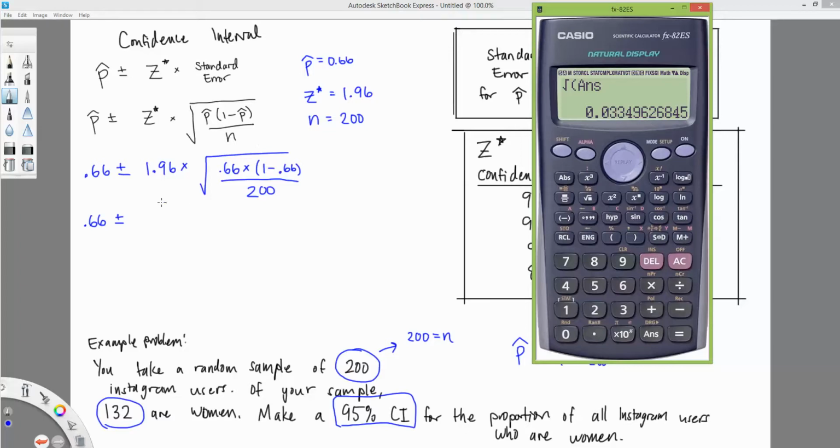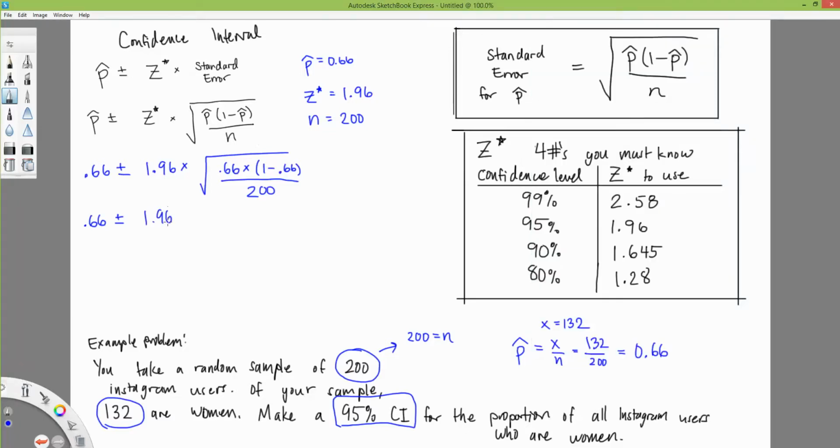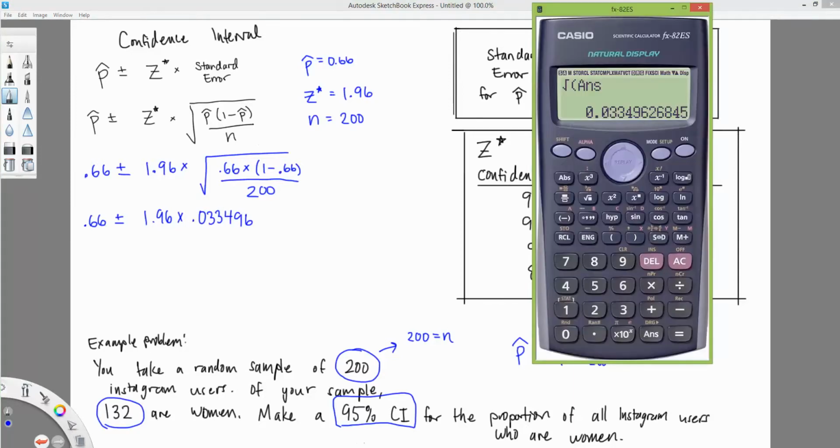0.033496. Okay, so now I have 1.96 times 0.033496 or something like that. Okay. Now, instead of having to retype all that, I'm just going to say times 1.96, okay?